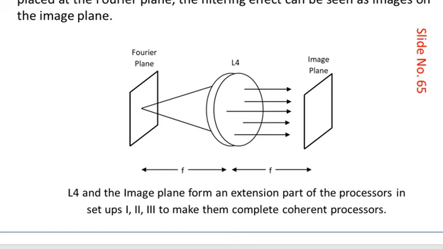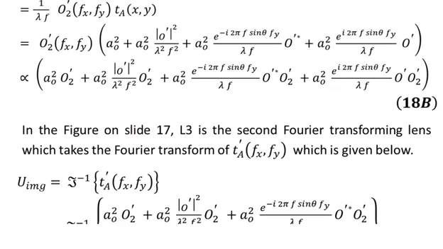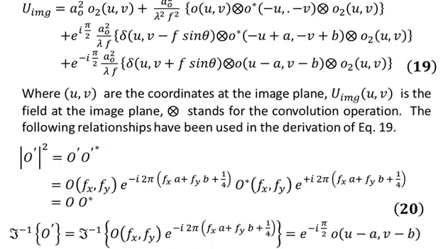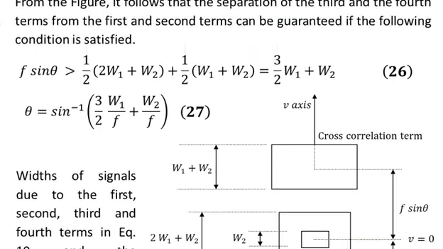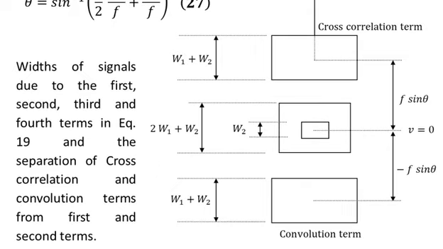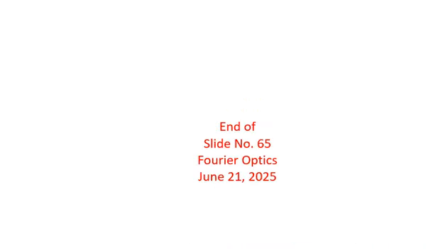So we try to compare the Fouriers over here, and then at the image plane we get 4 terms. 2 of the terms were overlapping each other, and the cross correlation term and the convolution term can be separated from each other. So the images corresponding to these 2 terms can be seen over here. This is what we have explained in this paragraph. So this is the end of slide number 65.